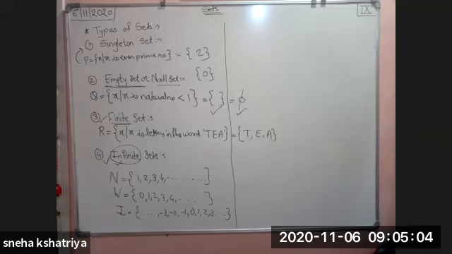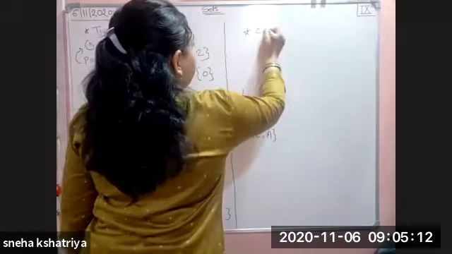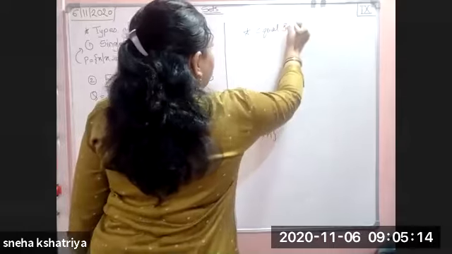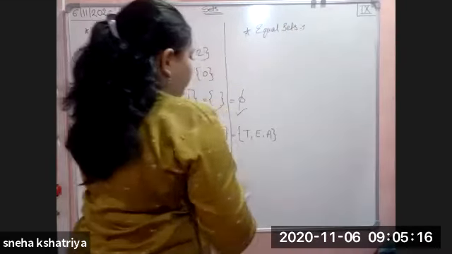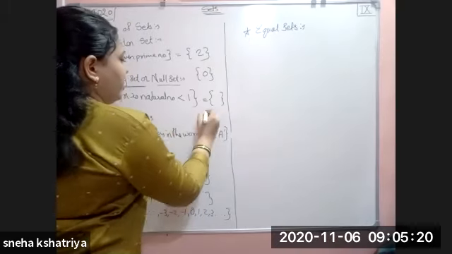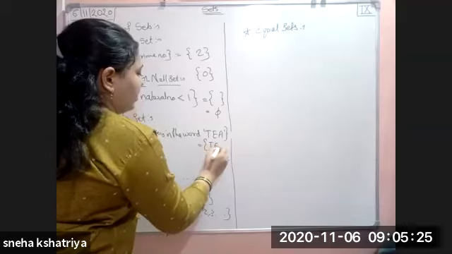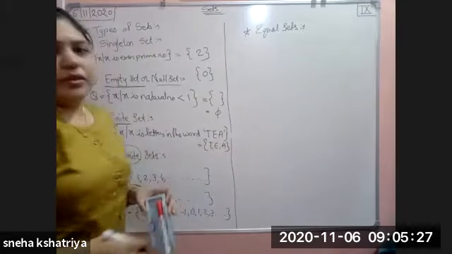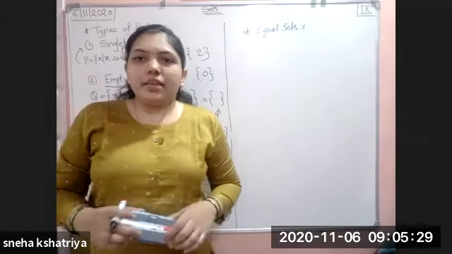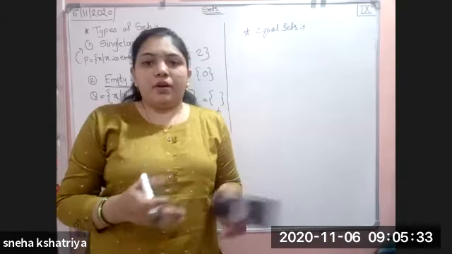Then we will talk about equal sets. What are equal sets? Here also you can write it as set A, and this set will become TEA. Equal sets means the sets which contain an equal number of elements.